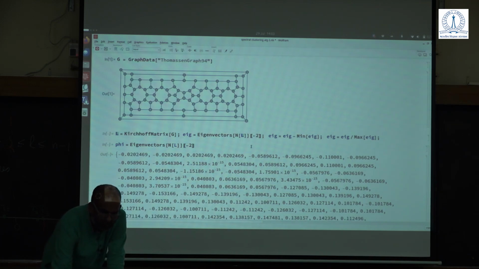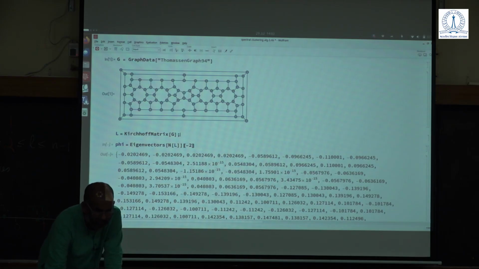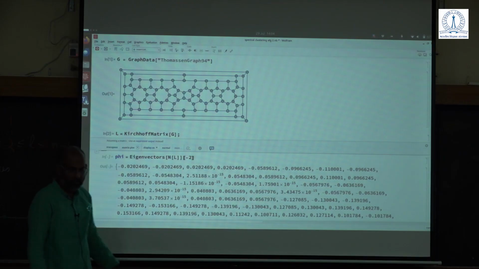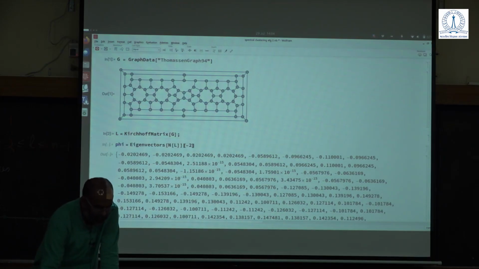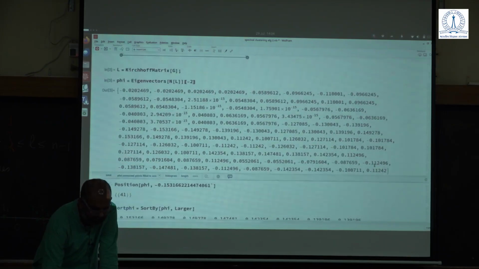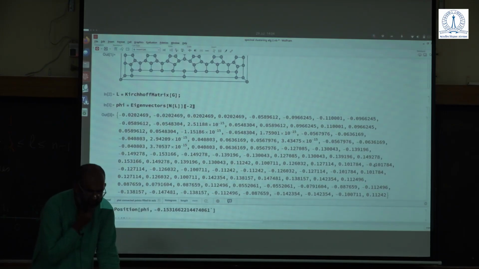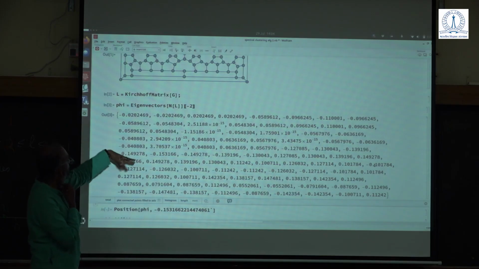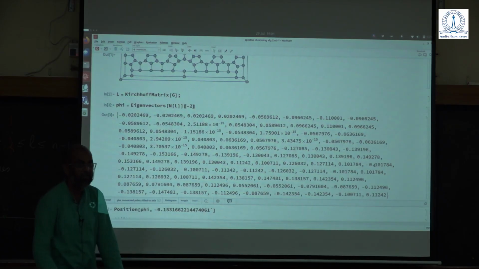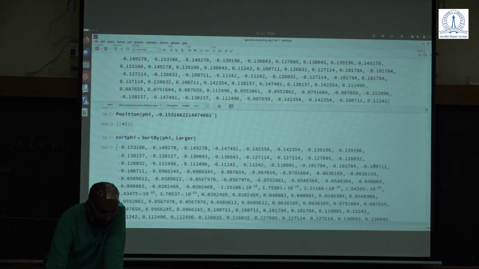I calculate the Laplacian, which, remember, is called the Kirchhoff matrix, and this is the Fiedler vector. So you see, the entries are quite all over the place. Many of them are very, very small. You see 10 to the minus 15 and things like that.